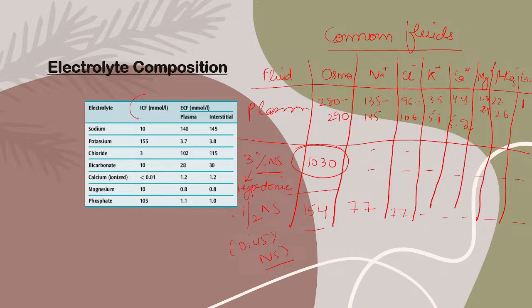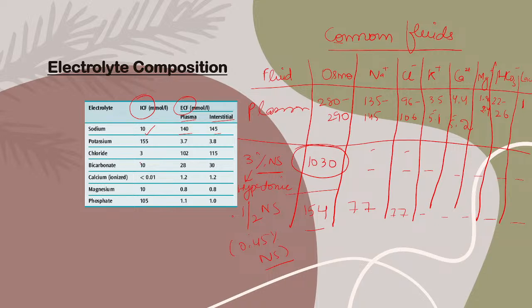The body fluid is divided into intracellular fluid and extracellular fluid, and extracellular fluid is divided into two, that is plasma and interstitial fluid. The concentration of sodium in intracellular fluid is around 10 millimoles per liter, in plasma around 140 millimoles per liter, and in interstitial space 145 millimoles per liter.